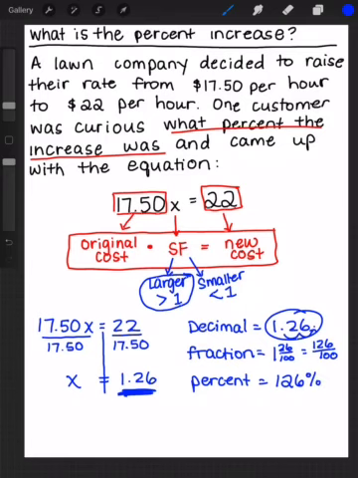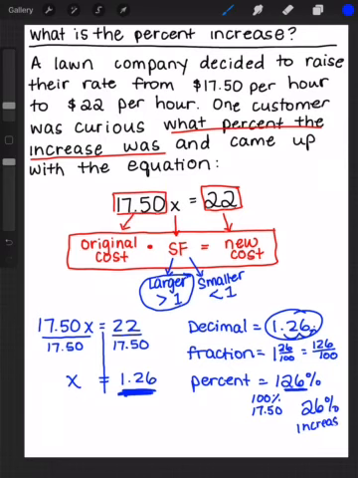The problem is that the question asks for the percent increase, and we didn't increase it by 126%. The 100% was our original cost. So 100% of this is the 17.50, which means we increased by 26%.